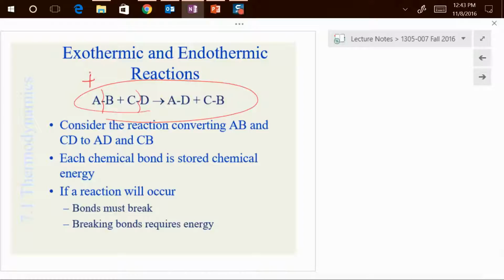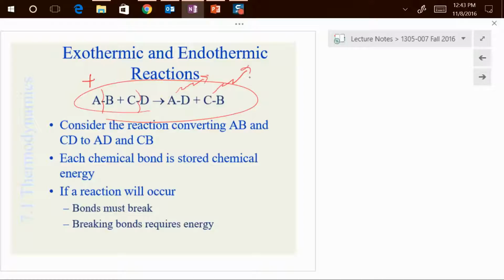What do you think happens then when I make bonds? If breaking bonds absorbs energy, what happens when I make bonds? Energy is released. Okay? So I'm getting energy out when I form these bonds. Here I have to absorb energy to break them. Okay? That's how chemical reactions work.